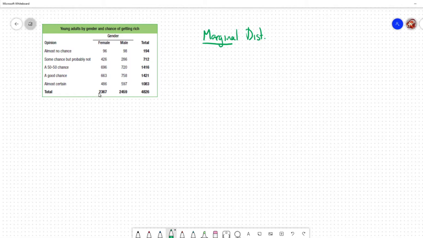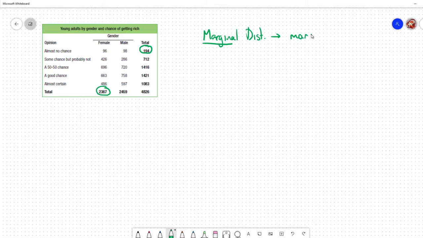So the marginal distribution for females would be this number right here, this 2367. The marginal distribution for no chance would be this number here, this 194.